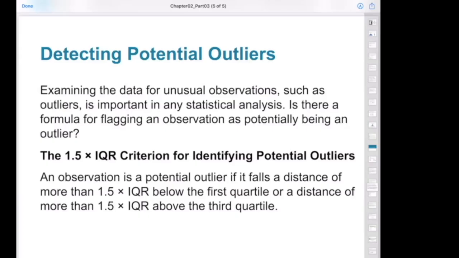So first, find the interquartile range, multiply this range by 1.5. Any number beyond this range, or this standard, we consider it an outlier.